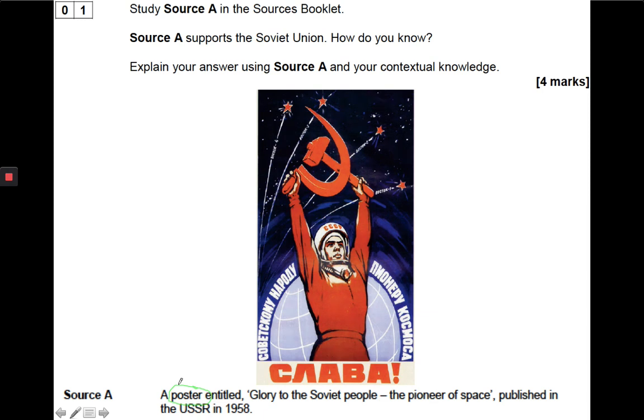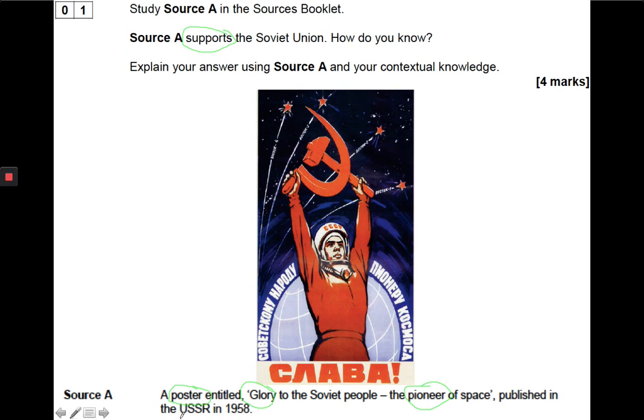The title of it is Glory to the Soviet People, the Pioneer of Space. Well, glory and pioneer are very positive, or in this case, supportive words. So that's something I can probably touch on.